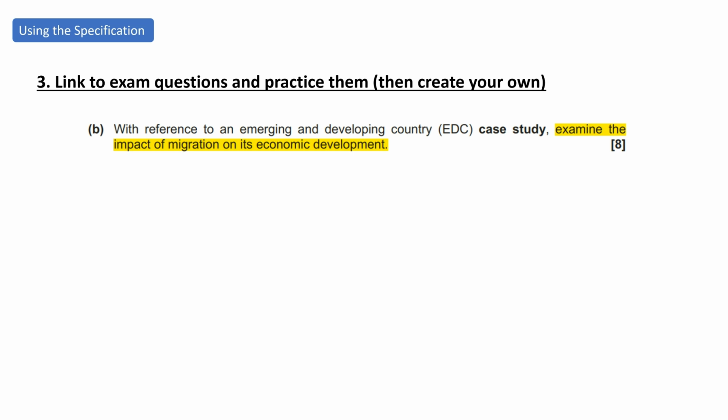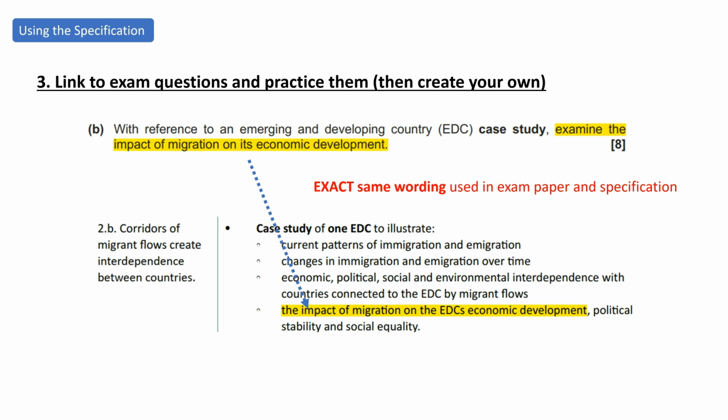That wording was interesting to me because it's exactly the same wording they use in the specification. So once I know that, everything that I am doing with the specification is directly linking to the exam questions. To prove that it exactly links up, the exact wording in the specification says the impact of migration on the EDC's economic development.